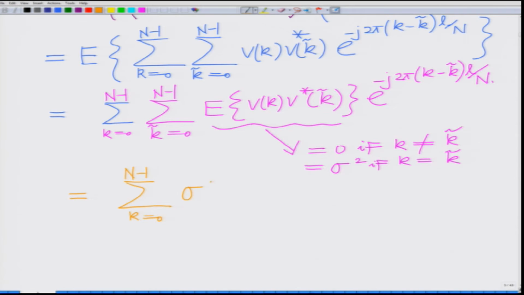So, this will be summation over k, and when k equals k tilde, this is sigma square. So, this is summation k equal to 0 to n minus 1 sigma square e to the power of minus j 2 pi (k minus k tilde, which is 0) divided by n, which is basically 1, since e to the power of 0 is 1. So, this is summation k equal to 0 to n minus 1 sigma square, which is equal to n sigma square.